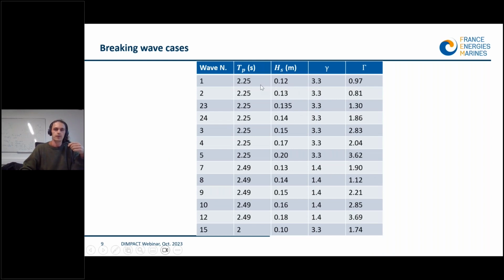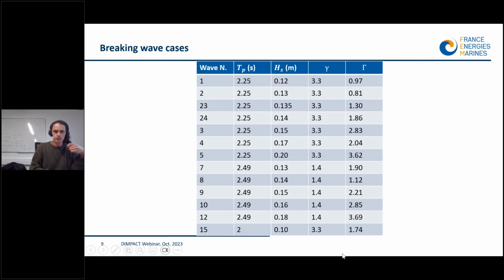So here is a list of the different wave cases that were investigated. They were generated through focalization of a Johnson spectrum. The different columns correspond to the different parameters of the spectrum, the peak period and the significant wave height. And as you can see, we have different groups of waves. A first group with a peak period of 2.25 seconds, a second group with a peak period a bit longer, 2.5 seconds, and one group made out of one shorter wave.